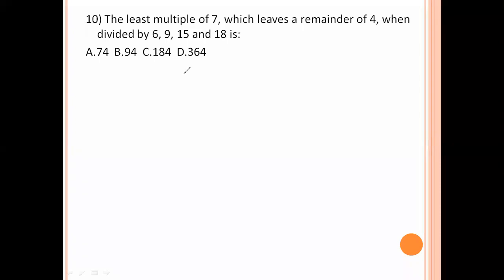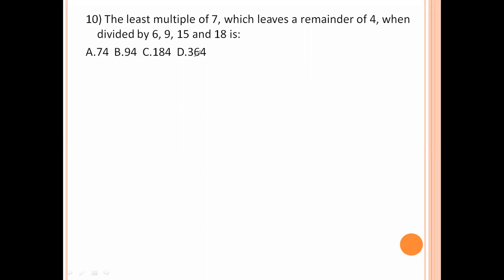The least multiple of 7 which leaves a remainder of 4 when divided by 6, 9, 15 and 18 is? Now, the least multiple of 7. Here 74 is not a multiple of 7. 7 times 1 is 7, this is also not a multiple. 7 times 2 is 14, carry 4, 44, this is also not a multiple of 7.